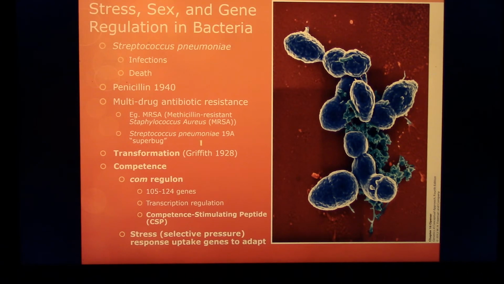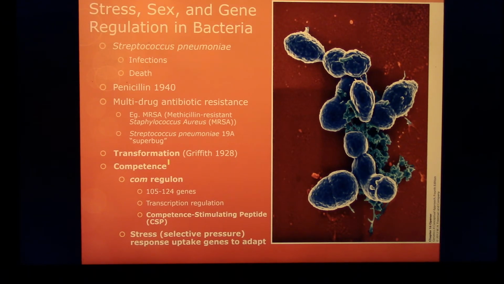Streptococcus pneumoniae 19A is what we call a superbug. It's resistant to most antibiotics. And I just talked about Griffith, and he discovered that bacteria can be transformed. And that means what? That means that they can be changed.